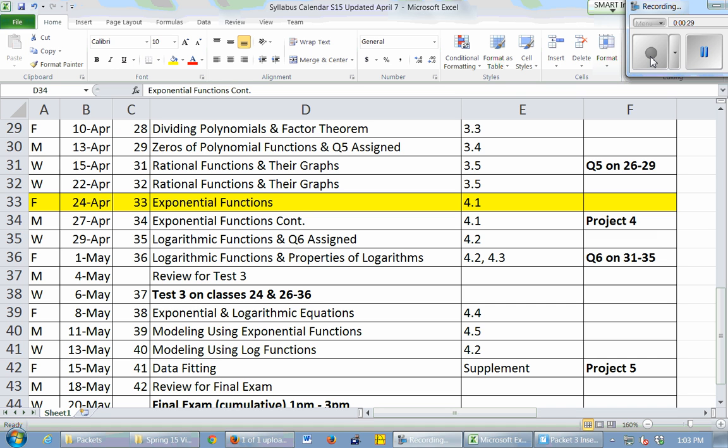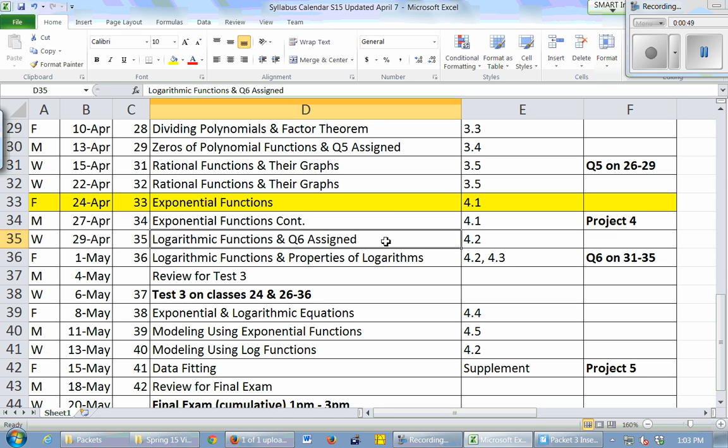And I don't have your quiz 5 graded yet, but just to keep an eye on what's coming up. Monday, project 4 is due. Okay, so next time I see you, project 4, the student ID number project is due. And then Wednesday, I will be assigning the next take-home quiz.